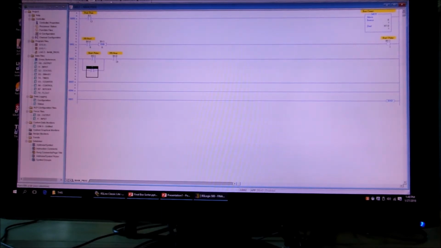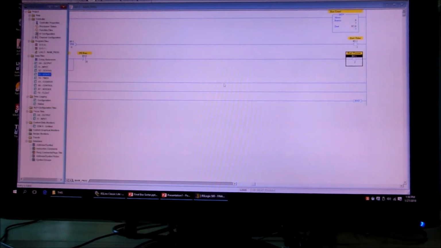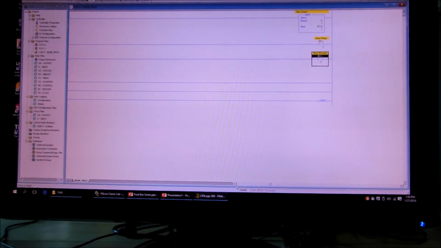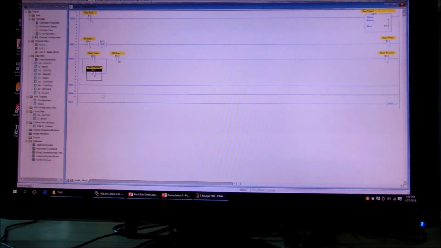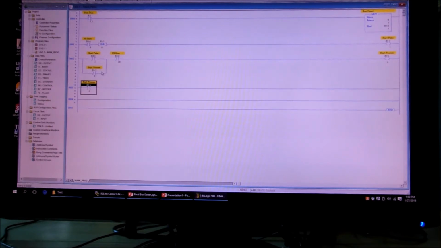What we're going to do is create a start process signal, and we'll give that the next available bit down here. It's our start process, and it stays latched so long as we don't hit the stop button. So for these first rungs, we'll just put start process in there, so we don't have to put stop in there all the time.